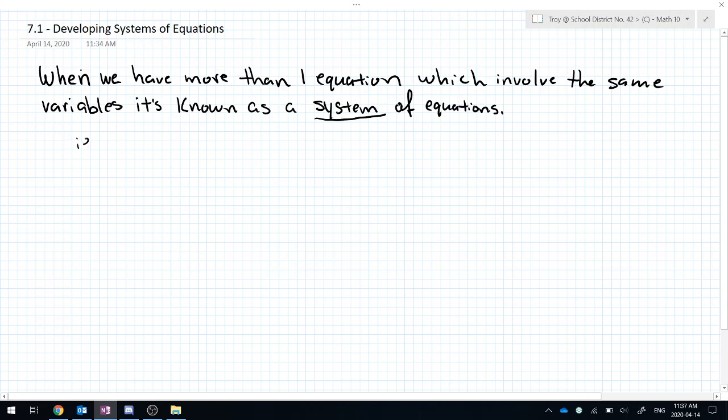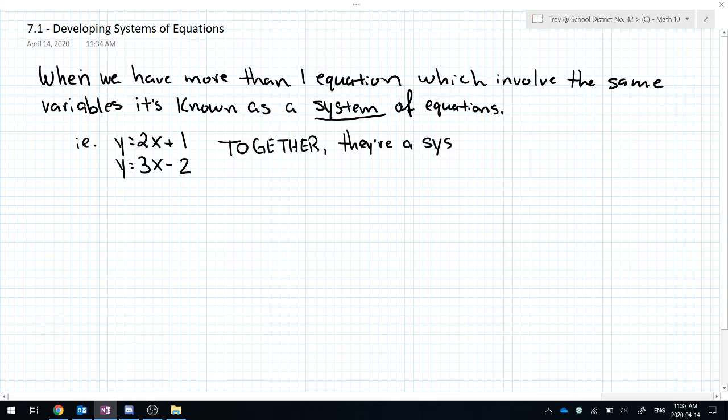So just so we're clear, we have something like y equals 2x plus 1. On its own, that would just be an equation. But if we had something else, like y equals 3x minus 2, together, they're a system of equations.